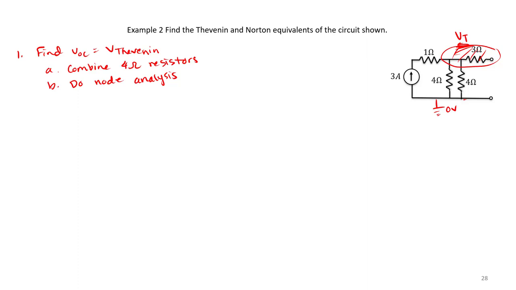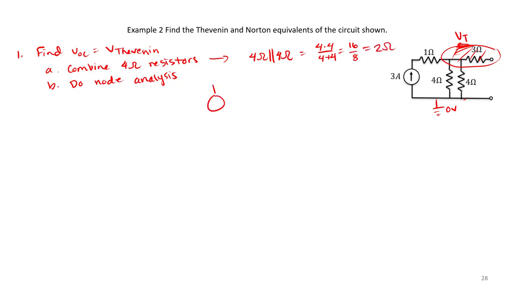And so node analysis would be a really convenient way to directly solve for VT. So if I have two 4 ohm resistors in parallel to each other, that's just 4 times 4 over 4 plus 4, which is 16 over 8, or 2 ohms.